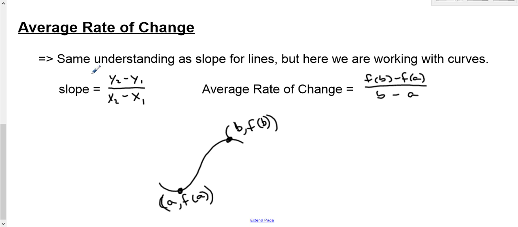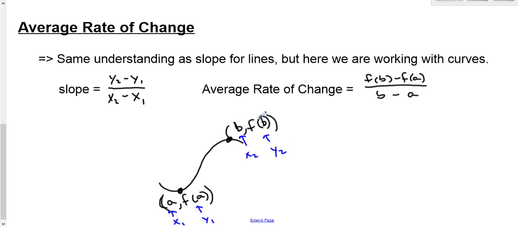So we know slope as y2 minus y1 over x2 minus x1. If I think about this a here as x1, and f of a is y1, and b is x2, and f of b is y2, then I could think about the same formula from slope and convert it to function format for average rate of change.